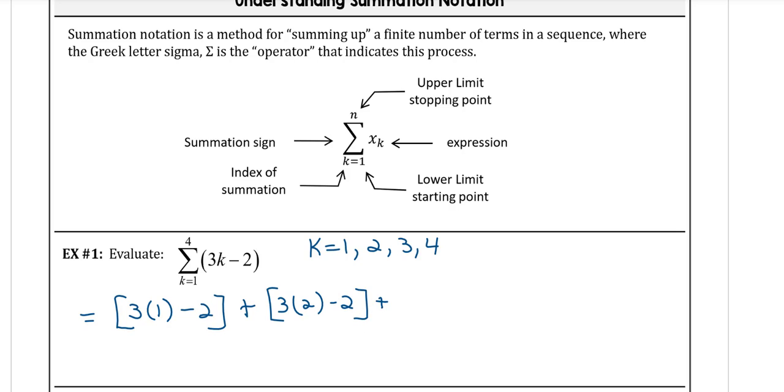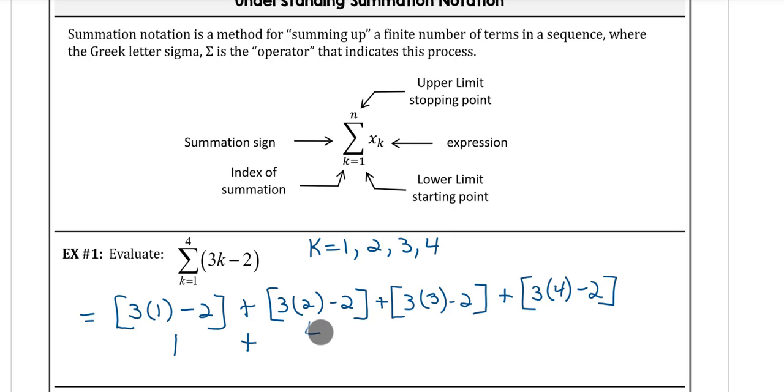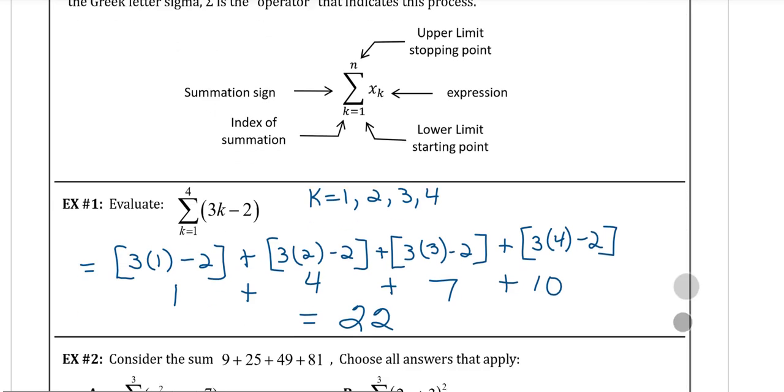Then we add the third term, 3 times 3 minus 2. And finally, the last term we're adding is 3 times 4 minus 2. Then you just determine what all those are. The first one is 1 plus 4 plus 7 plus 10, and when you add those all together, this summation equals 22. That's the basics of using summation notation.